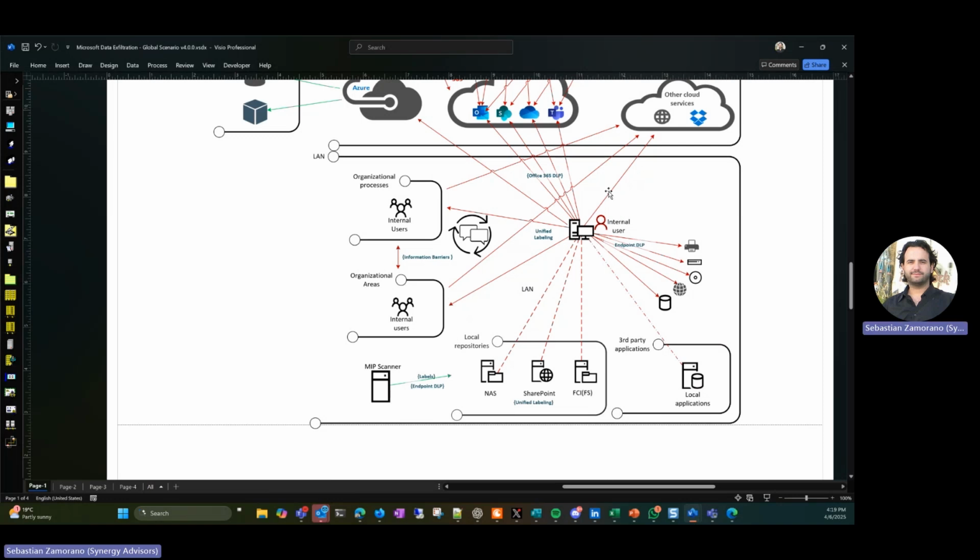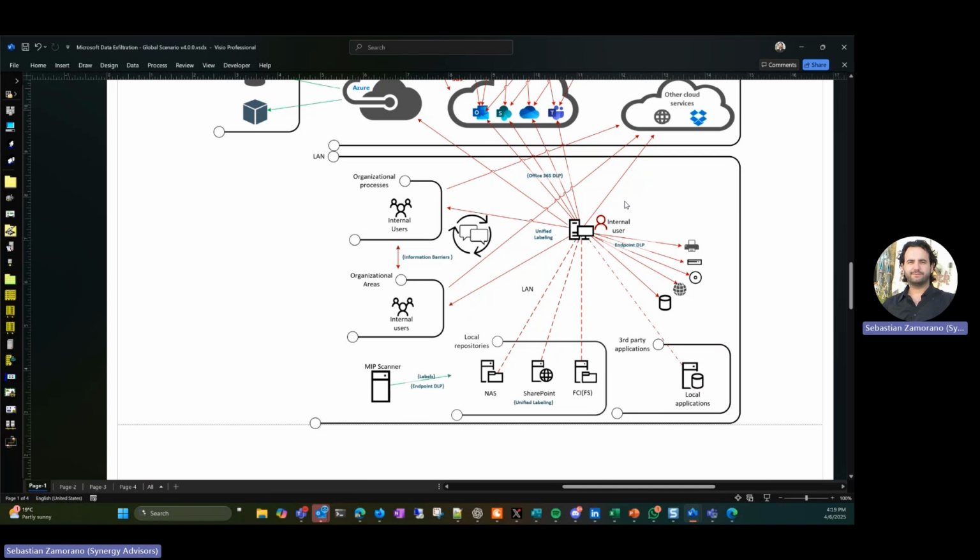When we talk about data leak vectors and these red lines, one of the first points and the most complicated point is trying to identify all the information assets. To identify the information assets, we need to identify the data classifiers. That means sensitive information types, document fingerprint, trainable classifiers, or exact data match.